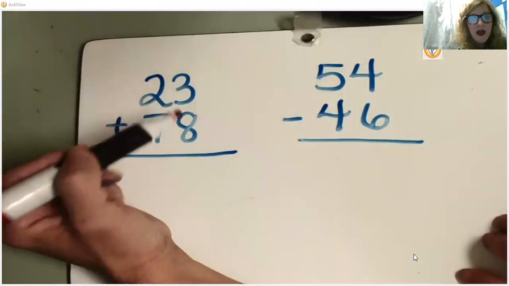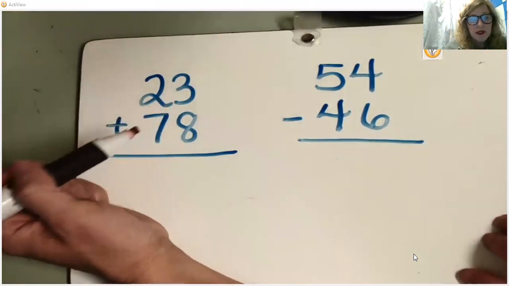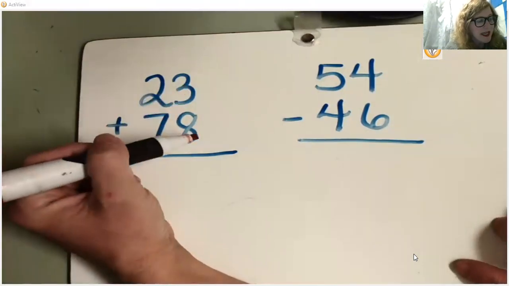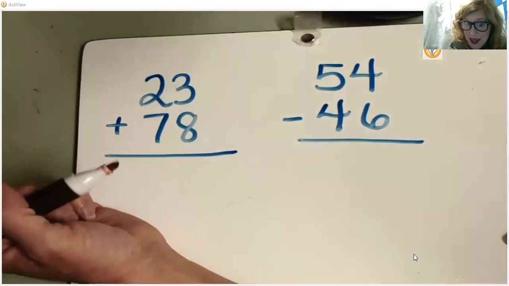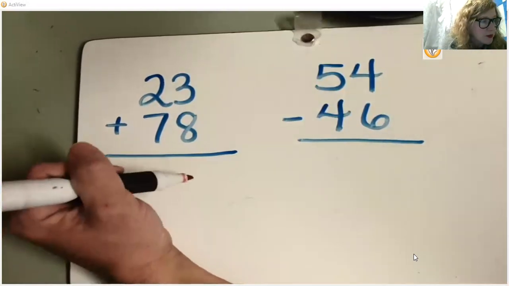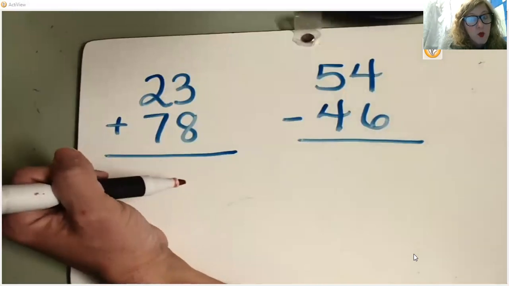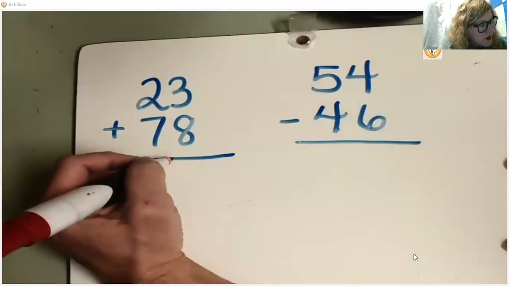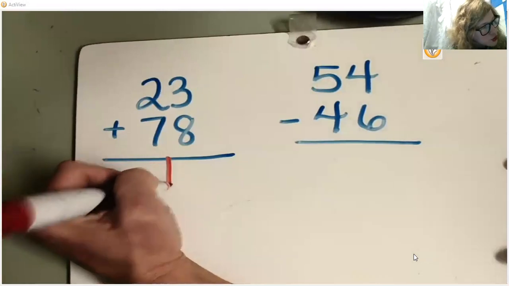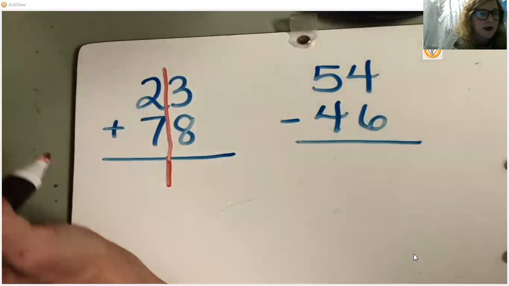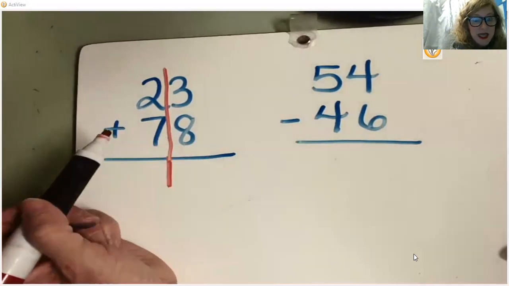So we have 23 plus 78. So 3 plus 8 is more than 10. So we can't put the answer down here because we can only put one number in each place value. And it may help you to just draw the line in between to make sure you remember that, to separate the ones and the tens.